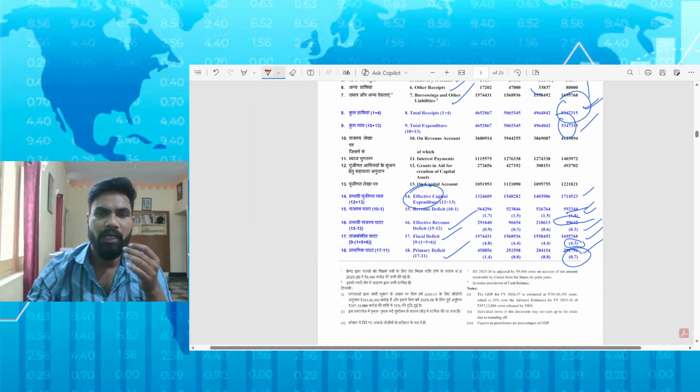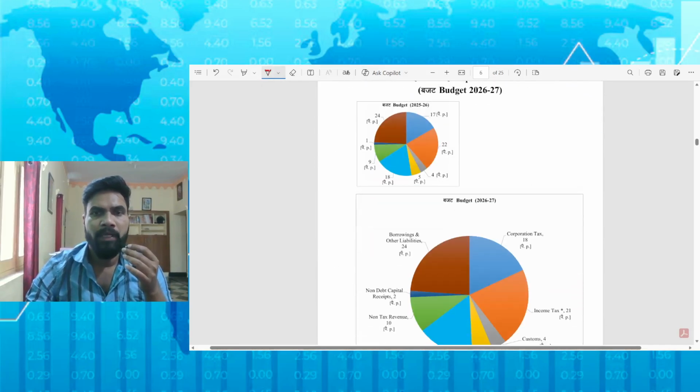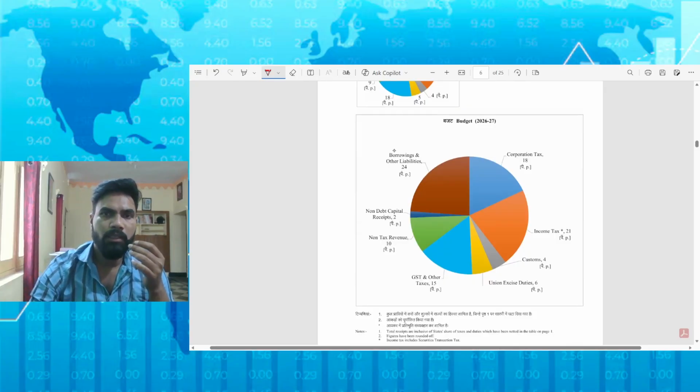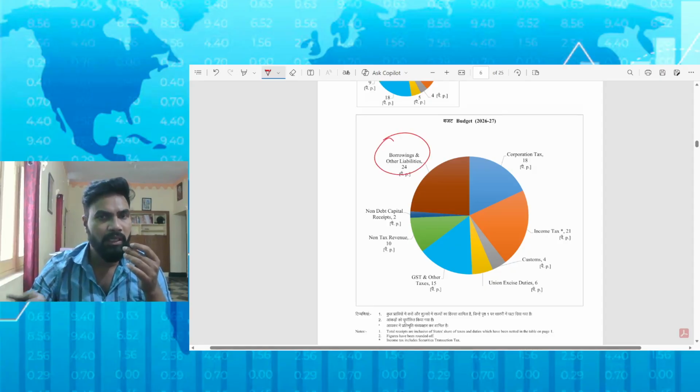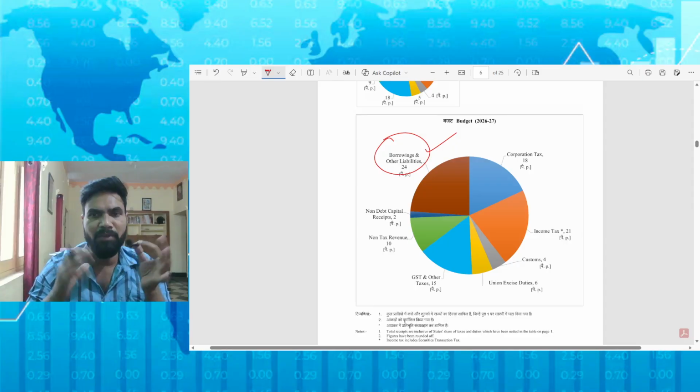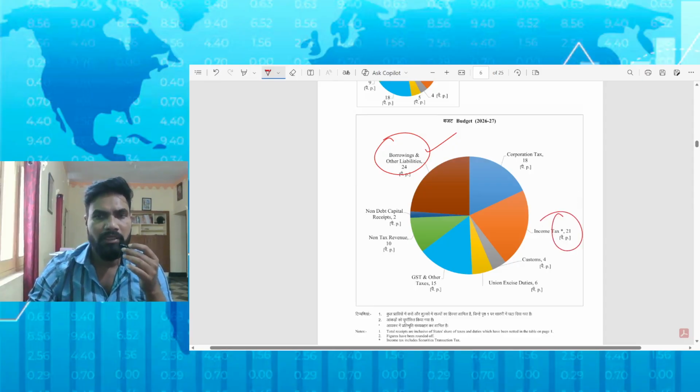Move forward. Then, where the rupee comes from. In the previous video also we have seen where the rupee is coming from and where the rupee is going. 24% of the receipts for the government are coming through borrowings and other liabilities. Very unfortunate. The biggest receipts are coming from our borrowings. The second highest is income tax, giving 21% of the revenue.